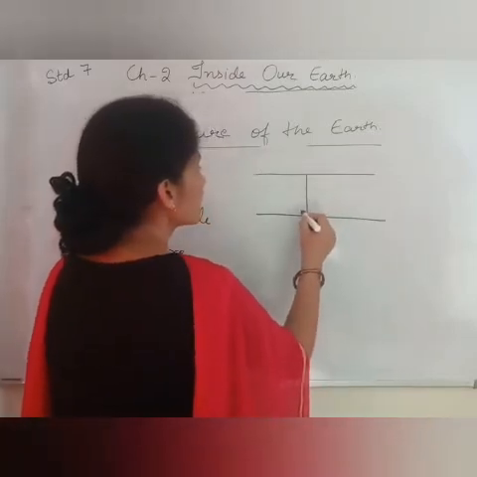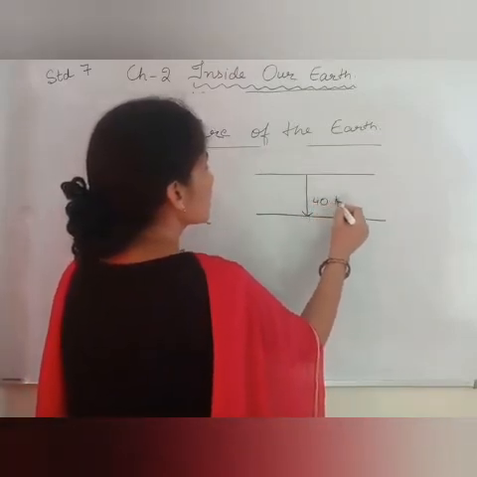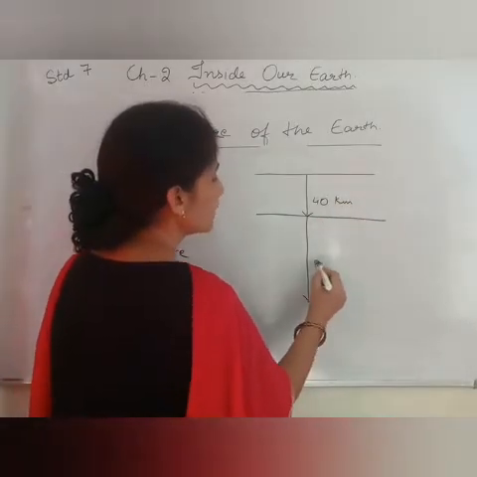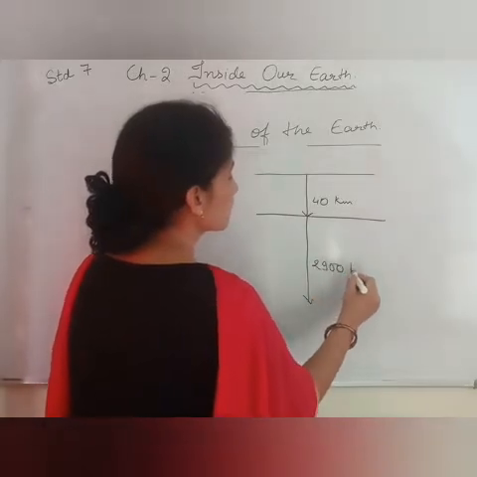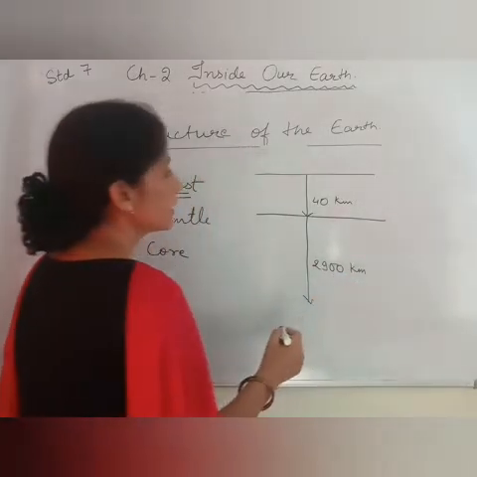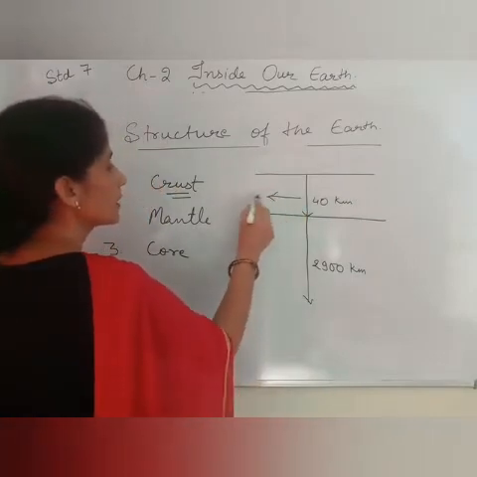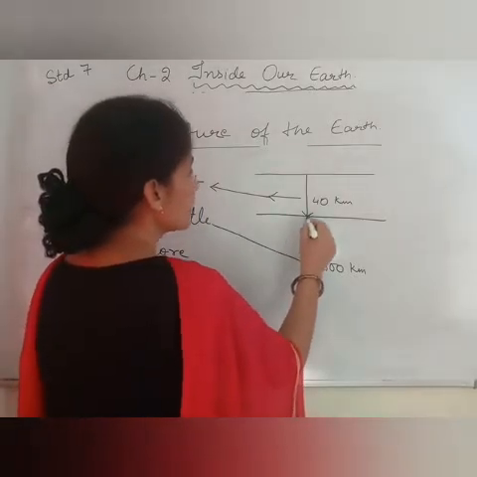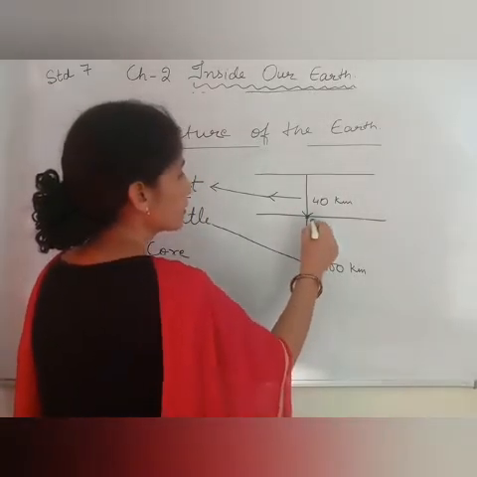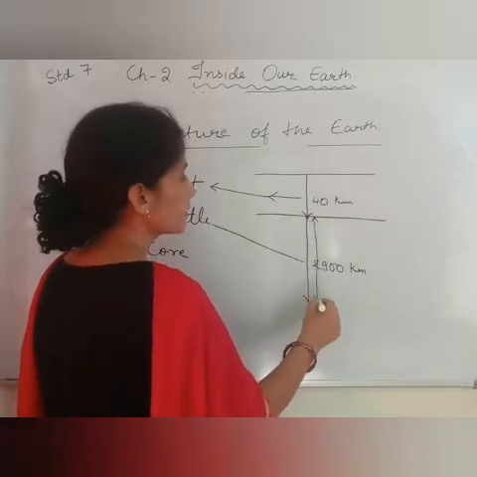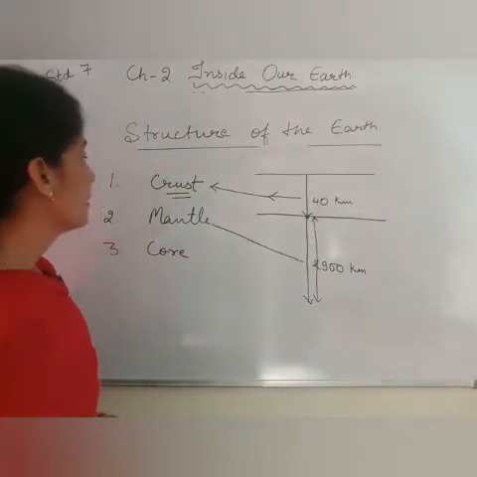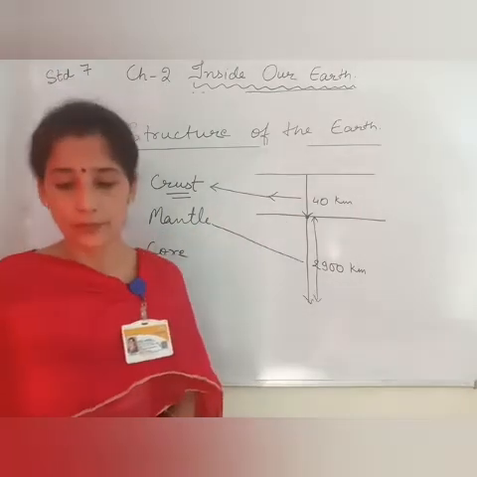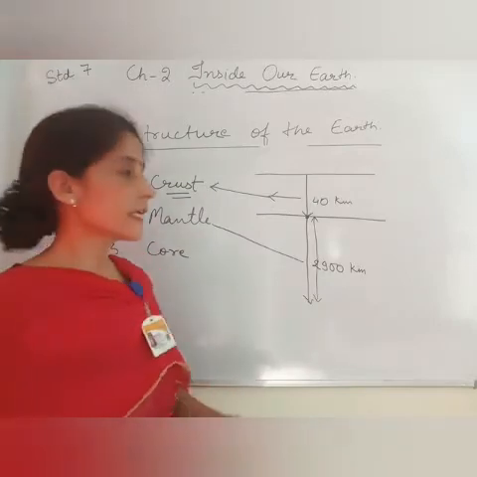Just imagine this is 40 kilometers, the crust, and up to the depth of 2900 kilometers, that is the mantle. The thickness of the mantle is about 2900 kilometers. It lies between the crust and the core.